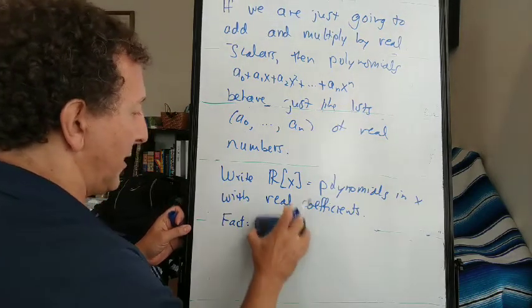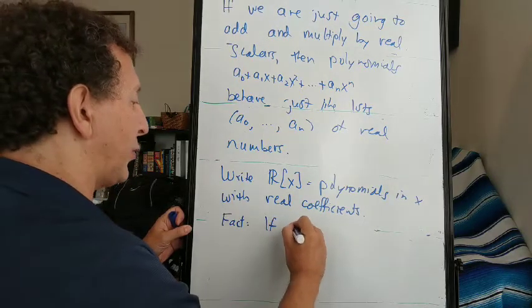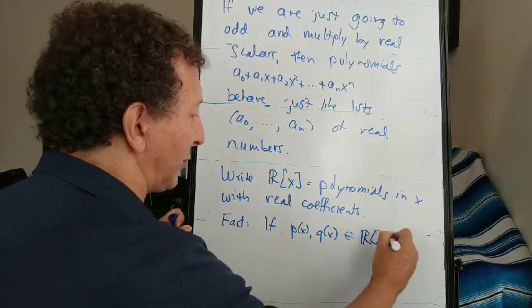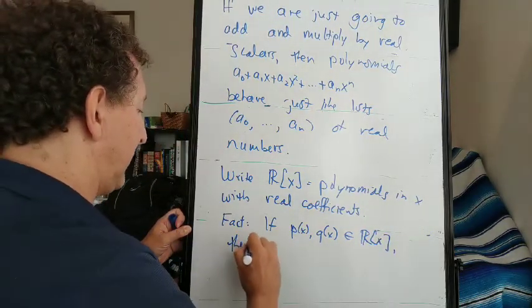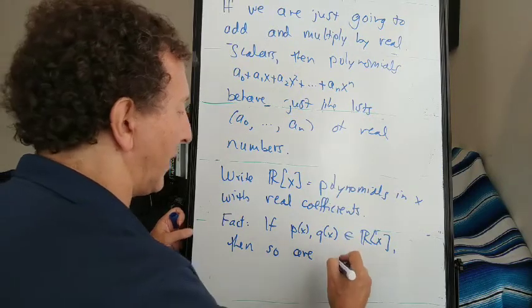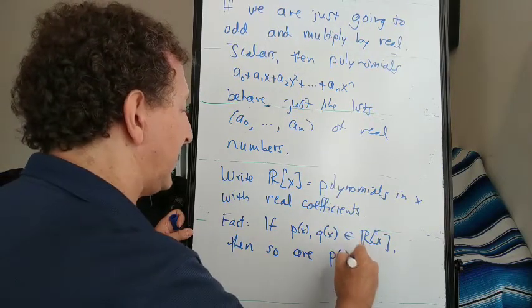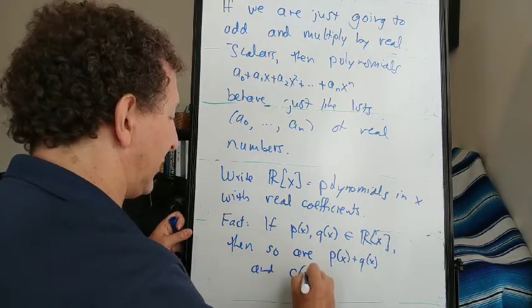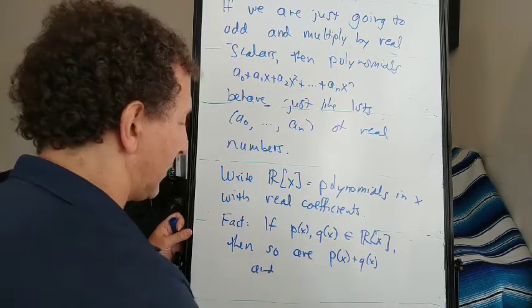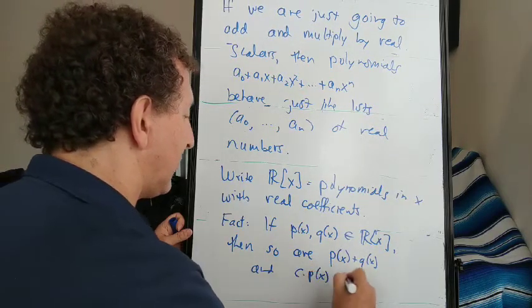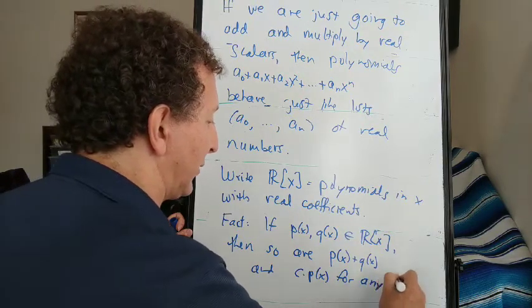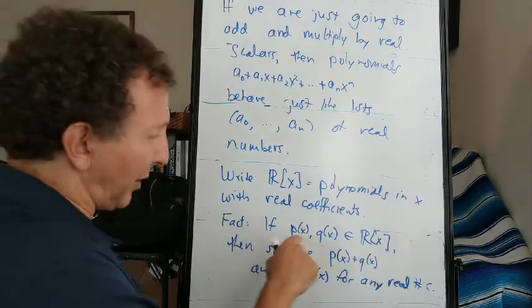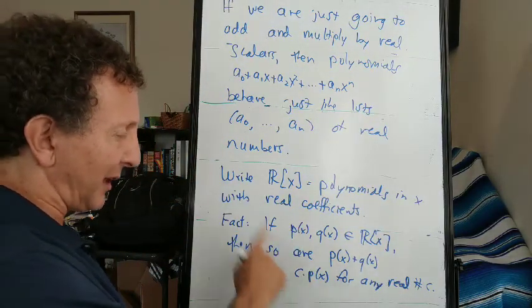And of course, if p of x and q of x are polynomials in x with real coefficients, then so are p of x plus q of x and c times p of x, for any real number c. So you can add two polynomials to get another polynomial, and you can multiply by a scalar to get another polynomial.